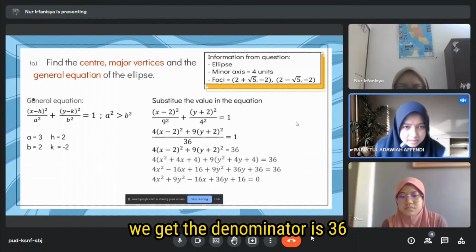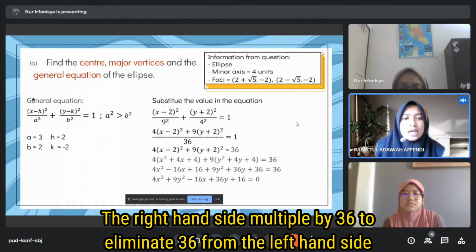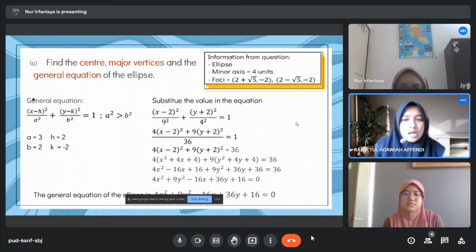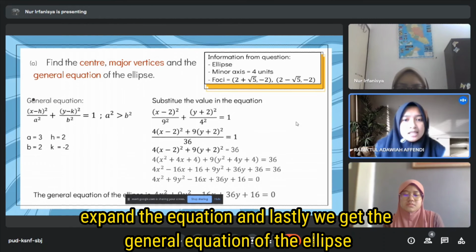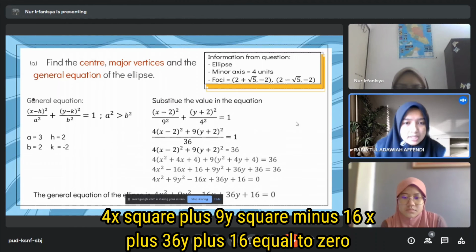We get the denominator 36, and then the right hand side is multiplied by 36 to eliminate the 36 from the left hand side. Next we expand the equation, and lastly we get the general equation of the ellipse, which is 4x squared plus 9y squared minus 16x plus 36y plus 16 equals 0.